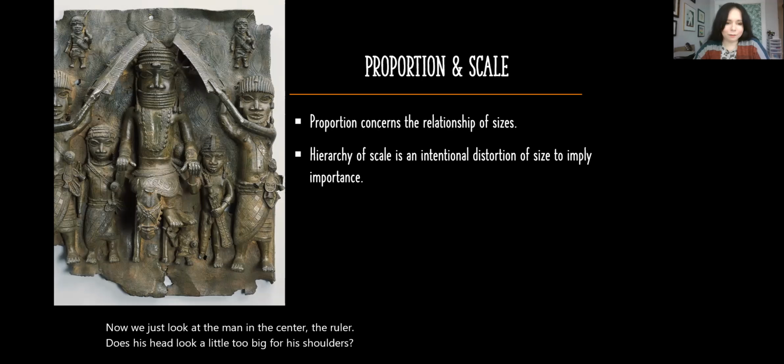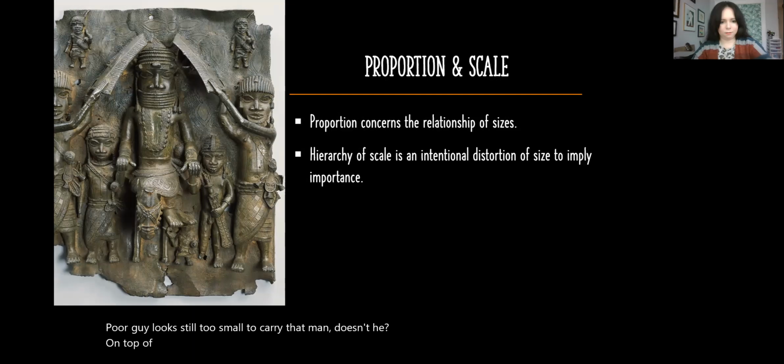Maybe. Now look at the relationship of king to his ride, his steed. Poor guy looks a little too small to carry that man, doesn't he? On top of that, our attendants steadily decrease in size, which we could interpret as adults versus children, surely. But then what about the two that seem to be floating up in the air?